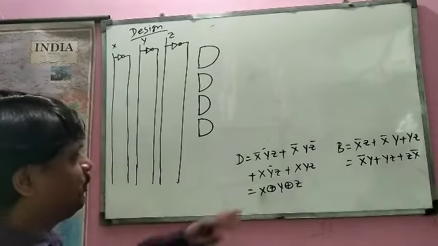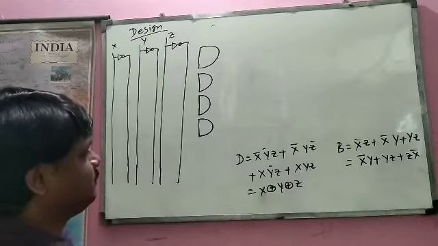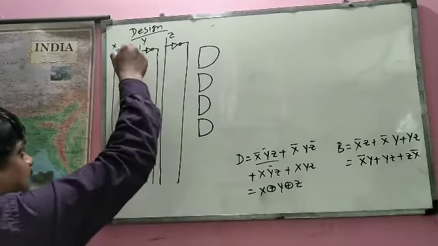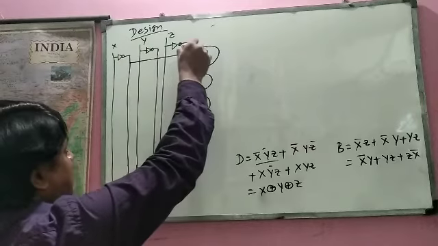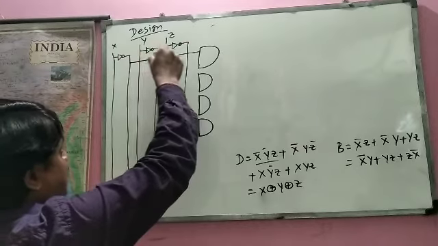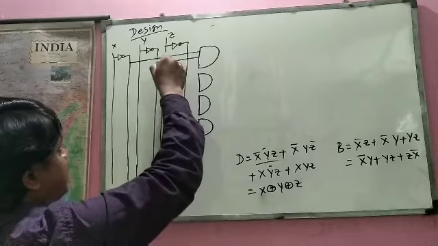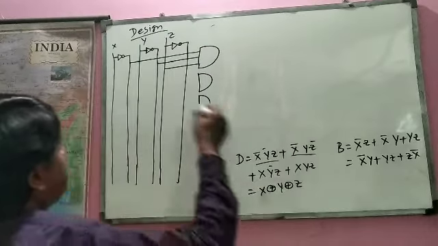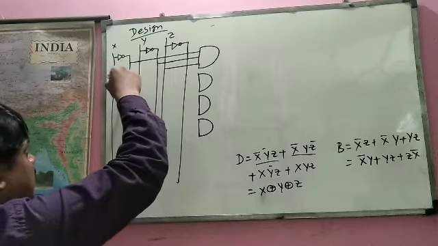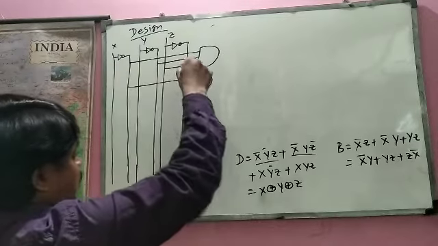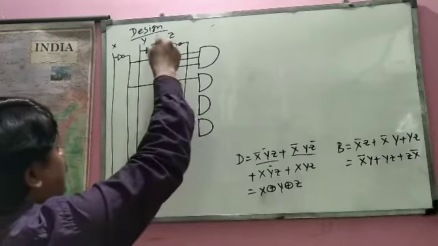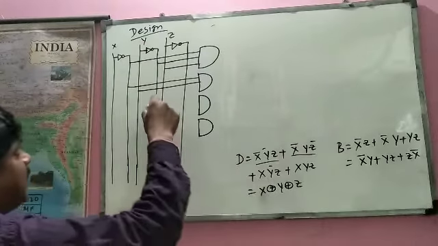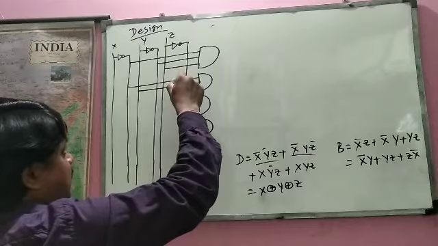What will be the inputs for the first term? X bar, Y bar, Z. So this is X bar, this is Y bar and this is Z. Again for the next term, X bar is from here, Y is from here, and the third is Z bar.